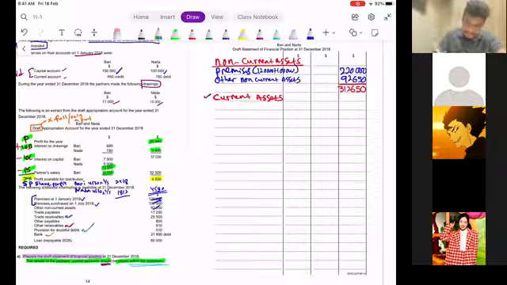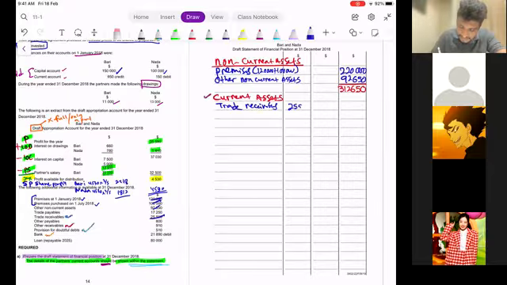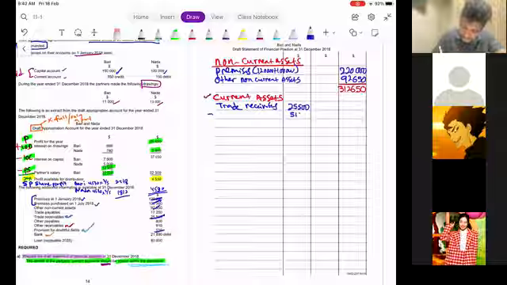Okay, I'll start with trade receivable. My trade receivable is 25,500. You know why I write in the third line? This is the first line, second line, third line. I write in the third line because we have PDD. Yes, if you have PDD, you need to minus the PDD. My PDD is 510.